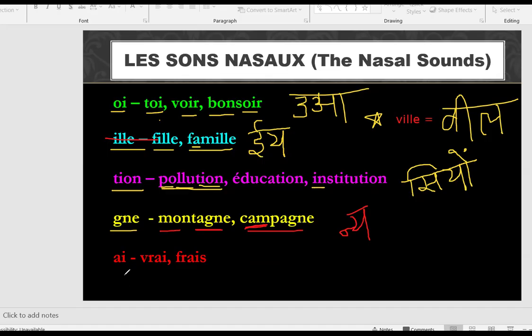Okay, then you have this combination AI. Its sound is simply A. In English you have A, but I'm not writing English. So how do you read this? Read this word: vrai.